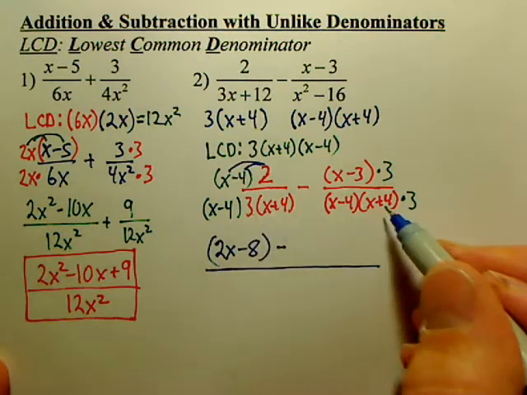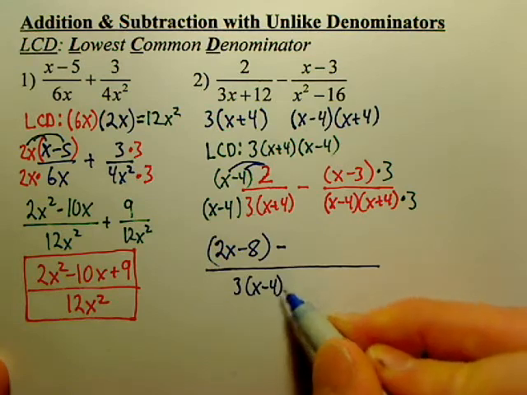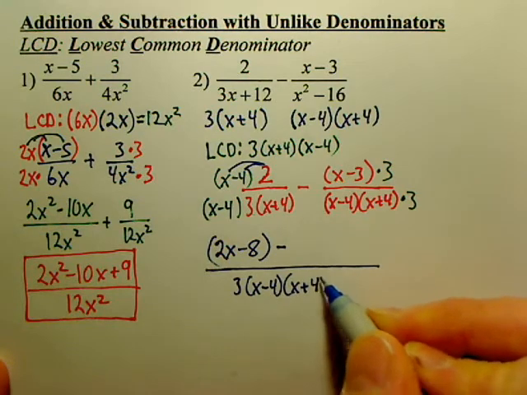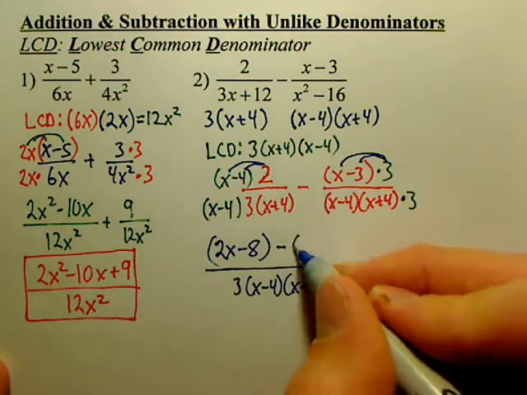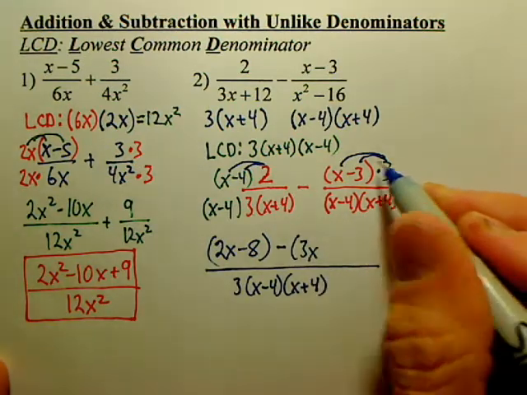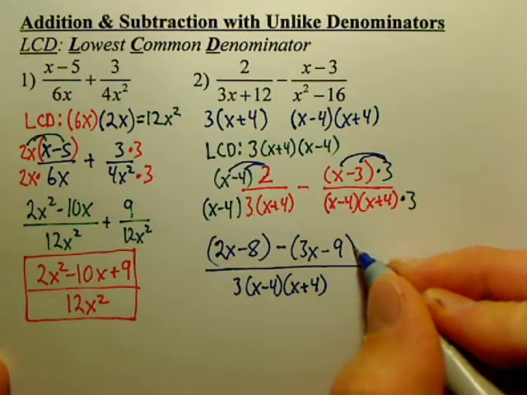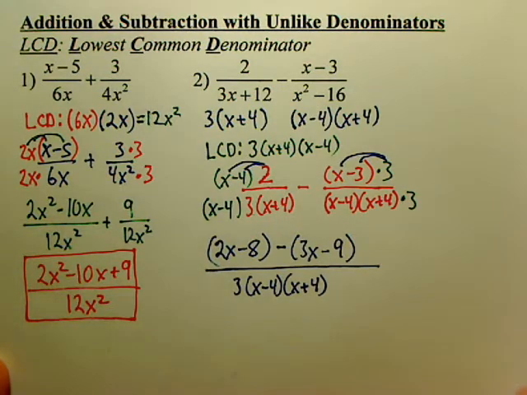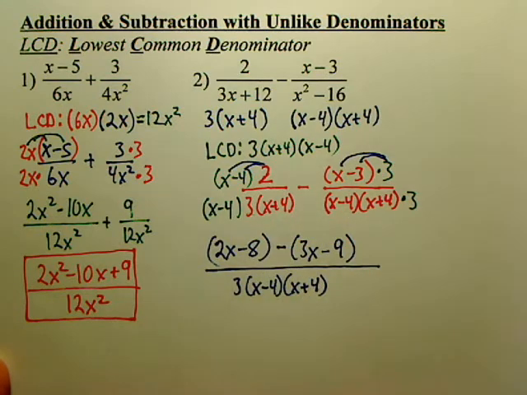The bottom, when you have common denominators, is 3(x − 4)(x + 4). And here, when you distribute the 3, I get 3x: 3 times x is 3x, 3 times negative 3 is negative 9. I have a common denominator, so I just grouped it right away.